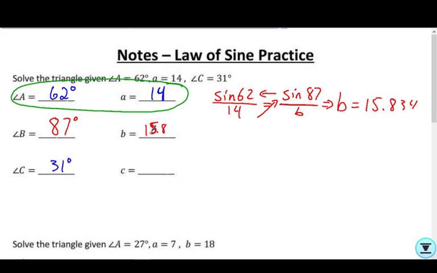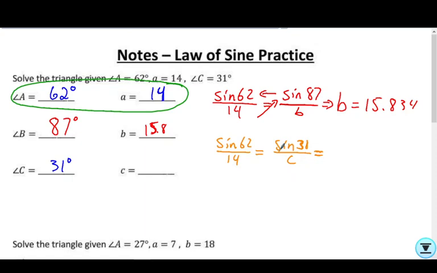15.8. And now for the second one, we're going to use the exact same first ratio, what we started with. We are not going to use B because we've rounded it, and that has now an error. So we don't want to use that because it'll compound.